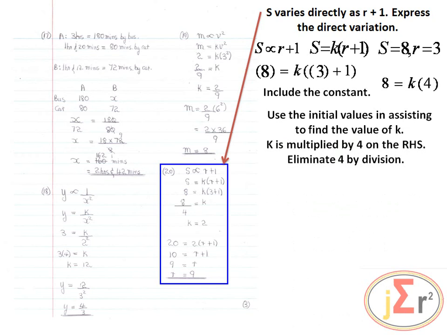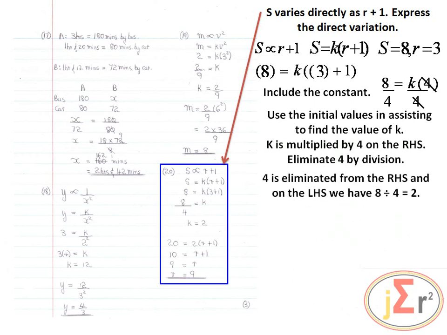Eliminate 4 by division. And on the left hand side, we have 8 divided by 4, which is equal to 2. Rewrite the expression with K on the left hand side.